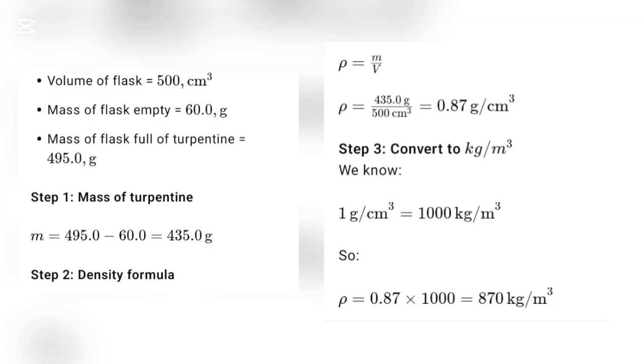By the time we substitute, we'll get 435 divided by 500, and our final answer will be 0.87 g/cm³. We are asked to find our answer in kg/m³. So to convert from g/cm³, we multiply by 1000, and then we arrive at the answer 870 kg/m³.